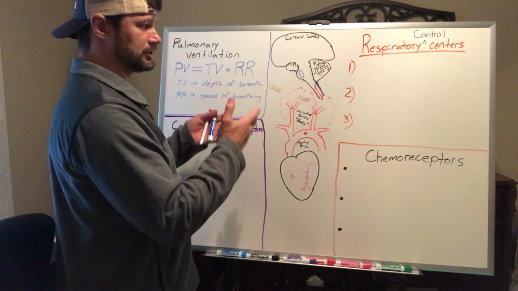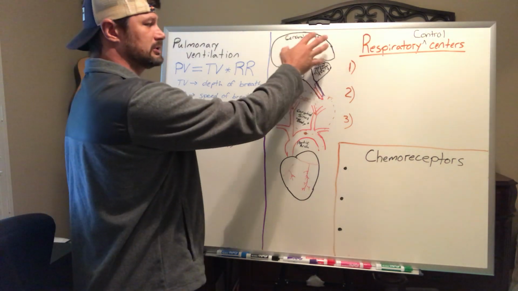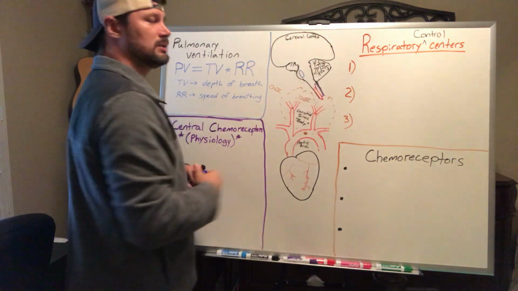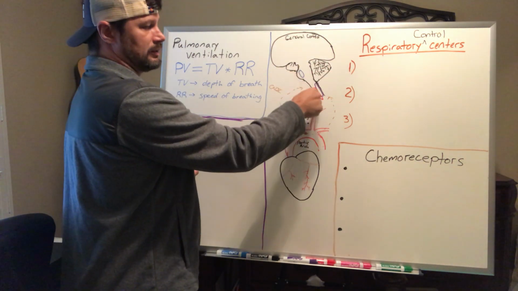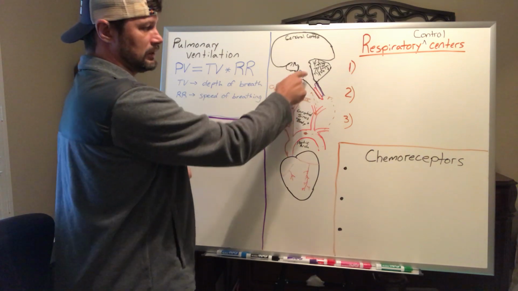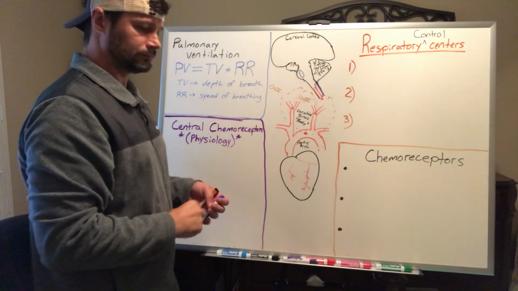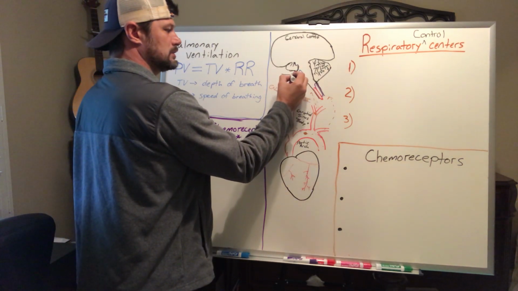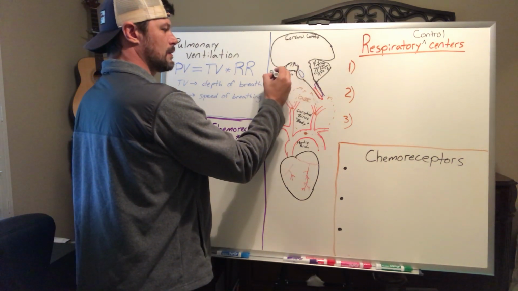So let's look at what's going on in the brain. Okay, cerebral cortex out here, diencephalon in the middle, cerebellum back here, and then this is all portions of the brain stem with the pons. And that's what I'm trying to point out here. This is the pons, the pontine structure.